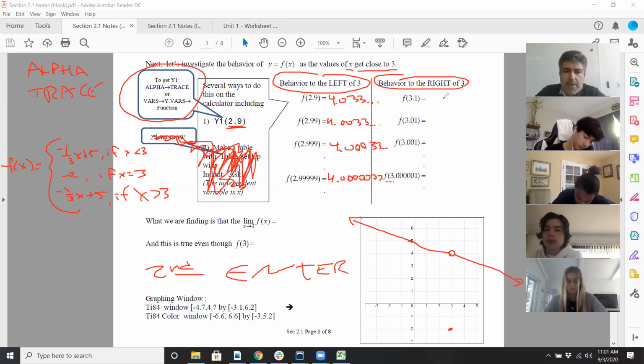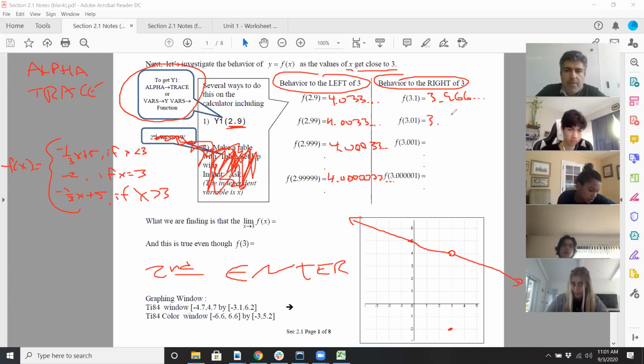You should get 3.96 repeating. Go to 3.01: 3.996 repeating.